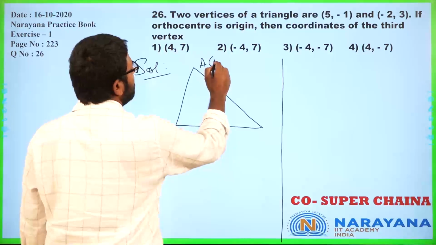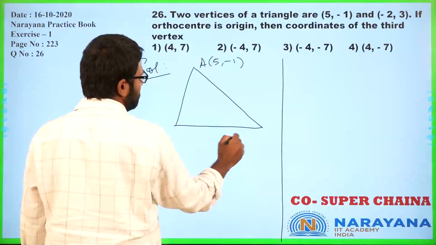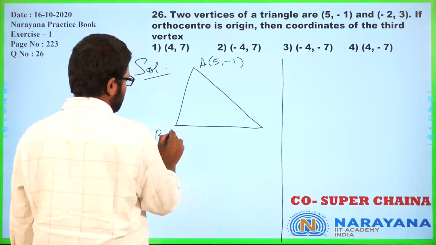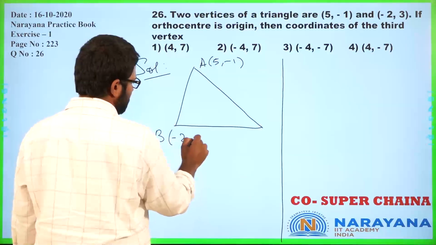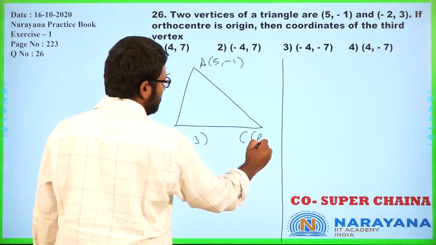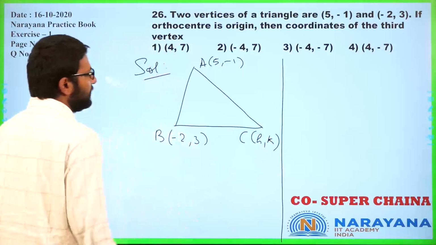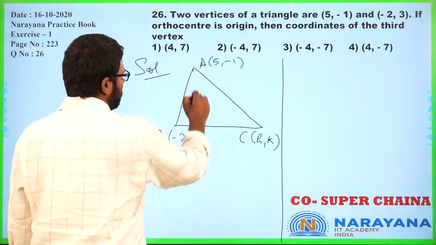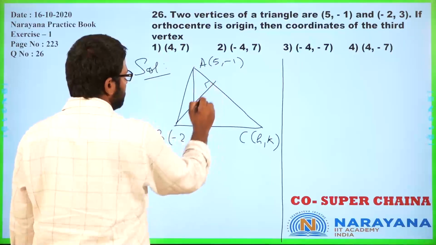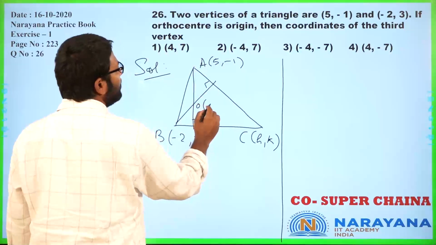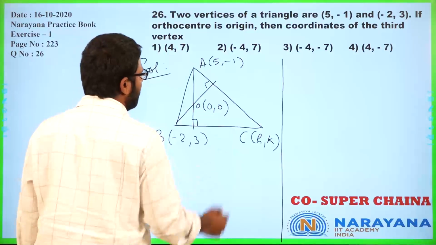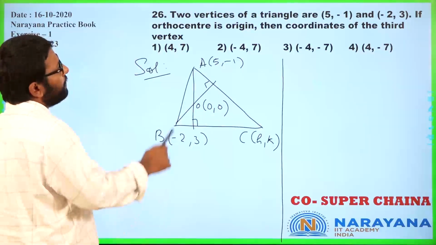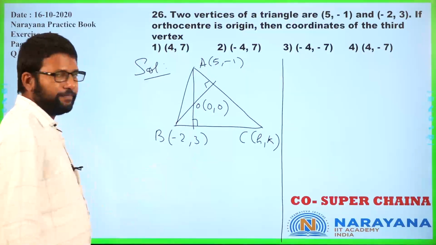Let us label A (5, -1), B (-2, 3), and C, let us call it (H, K), we don't know what C is. If you drop any two altitudes, there is O, which we know is (0, 0), right? So now we need to find the vertex C, right?